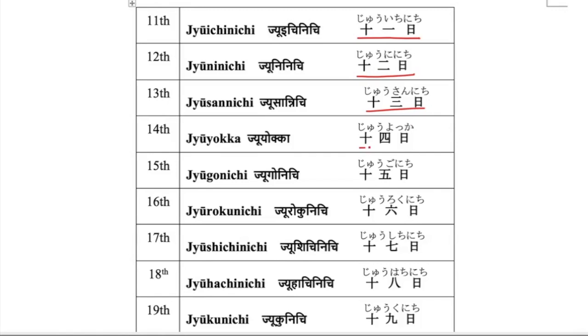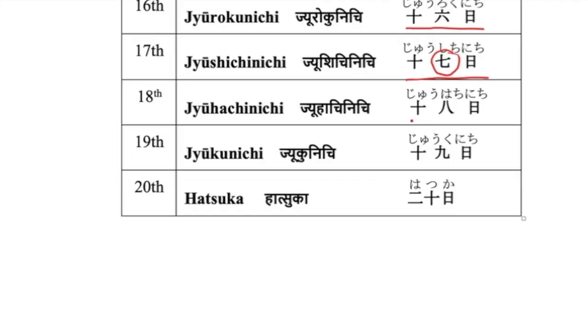It is Ju Yokka. The 15th day of the month is easy. It is Ju Go Nichi. The 16th is also easy: Ju Roku Nichi. The 17th is Ju Shichi Nichi. We will not say Ju Nana Nichi. It is Ju Shichi Nichi. The 18th day is Ju Hachi Nichi. The 19th day is Ju Kunichi. Instead of Kyu, it is Ju Kunichi.